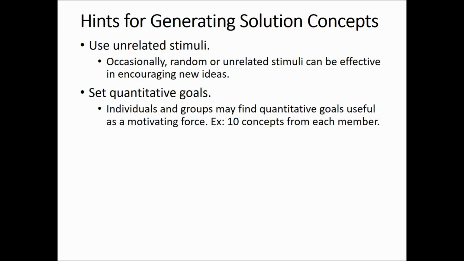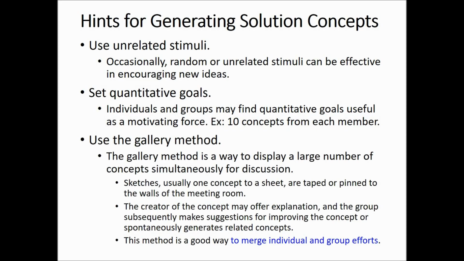Or as a team, you can set quantitative goals, like each member needs to bring up 10 ideas. And also you could use something called the gallery method, that is, people bring up different ideas and you get together, discuss and merge different ideas and develop better ideas. So you could use these methods as tips to generate ideas to implement the sub-functions that you're looking at.